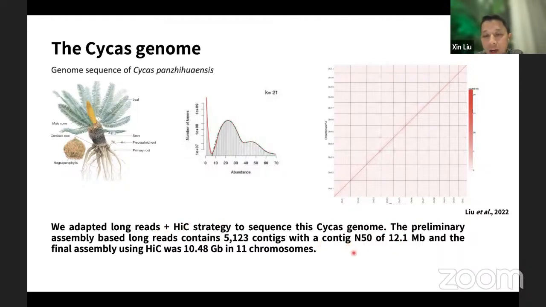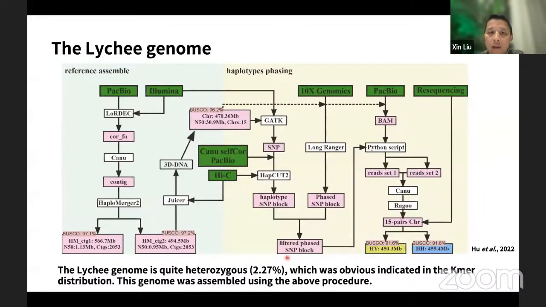As you can see, we get a much better contig N50 of 12.1 megabytes, and the final genome assembly is around 10 gigabytes in 11 chromosomes, because Hi-C can be used to anchor them to chromosomes.